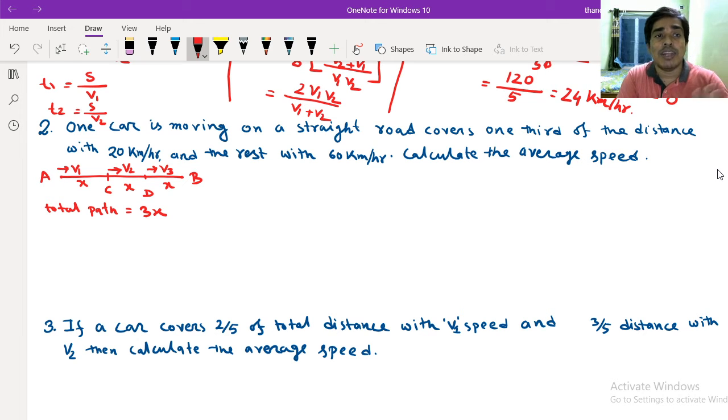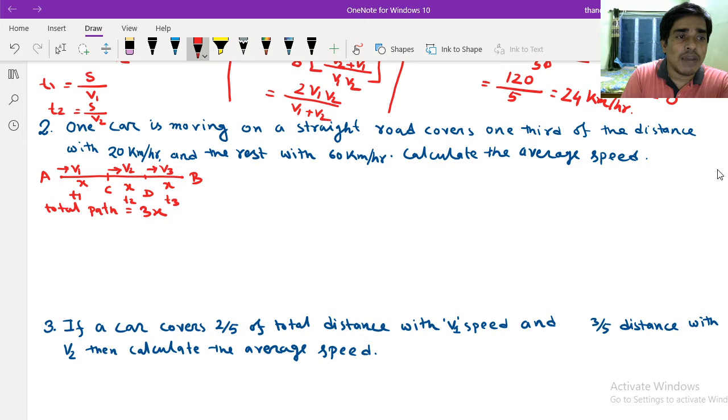You have to calculate the average velocity in this case. Suppose the times taken by the particle are t1, t2, and t3.